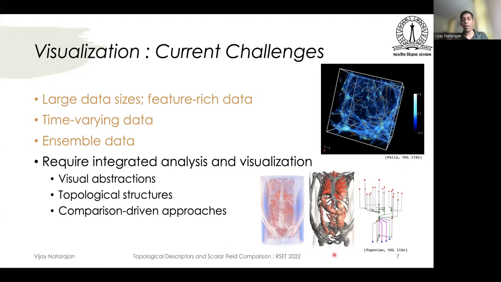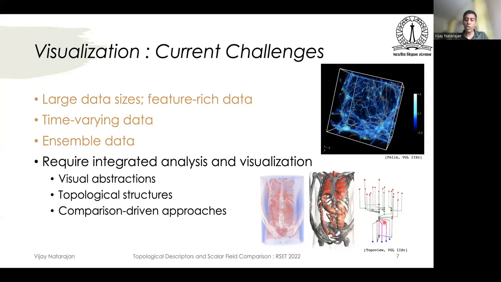This is possible once we have a visual abstraction, which is what is shown on the right. Essentially a tree. This is called the contour tree. I will introduce this later. This abstract representation of the volume helps the anatomist or the surgeon select regions of interest.